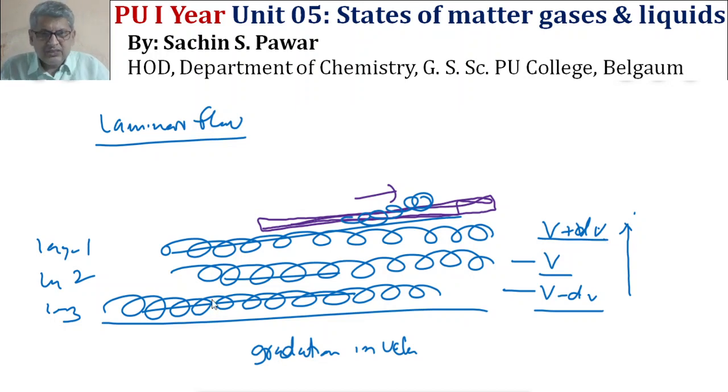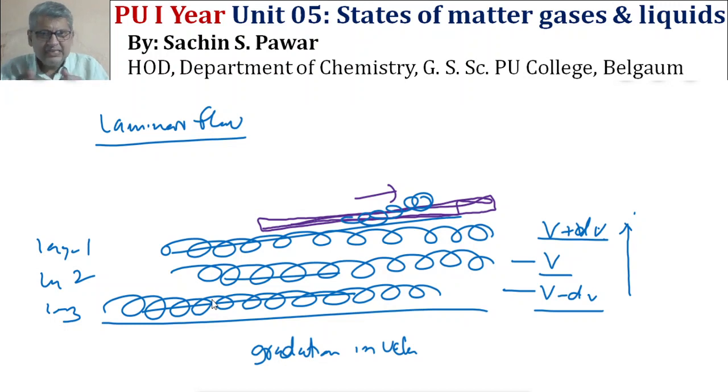So the layers in the water will be moving with different speeds. The first layer which is in touch with the wood will move a bit faster. Below that, the layer of water particles will move a bit slowly compared to the one in touch with the wood. Again, and so on, the process continues.